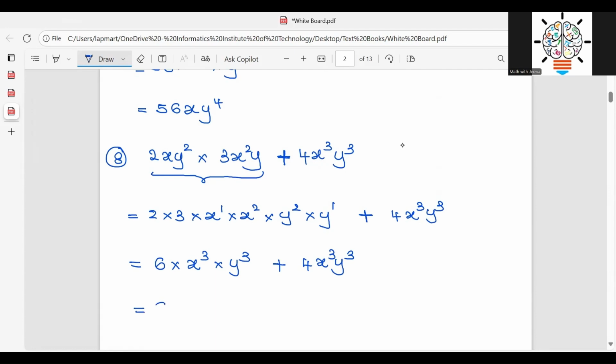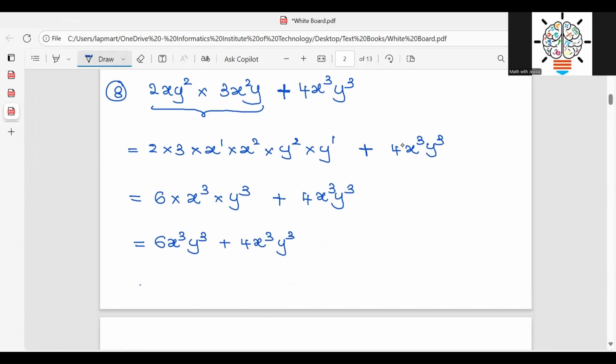Here I can write 6x cube y cube plus 4x cube y cube. You can see they are like terms. The final answer will be 10x cube y cube.